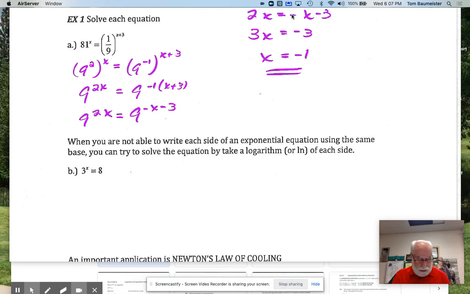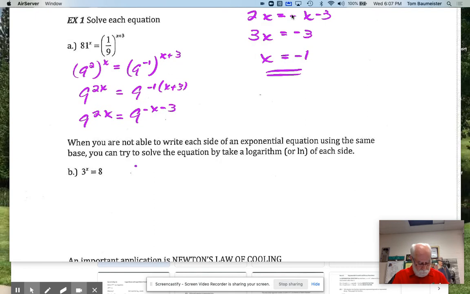Now, I don't really know what 8 is, but we know we have an exponent. And again, when I have an exponent up on top, it's easier to use logs. So since we have 3 raised to the x power, you're going to use whatever that base is.